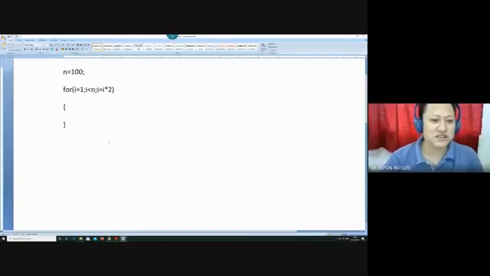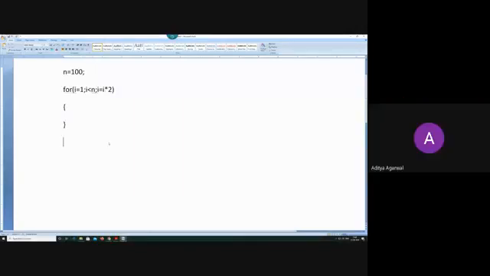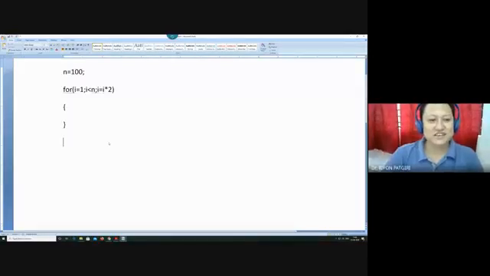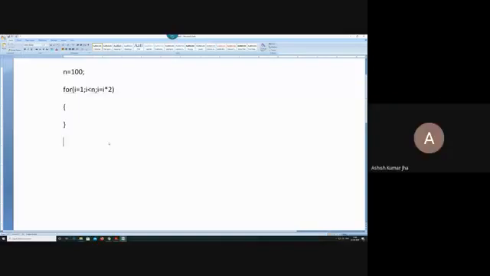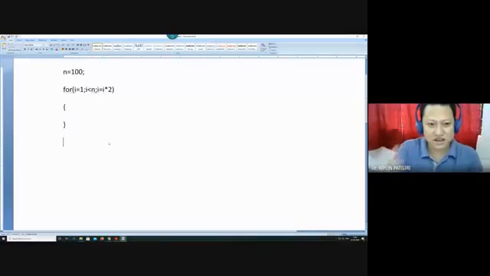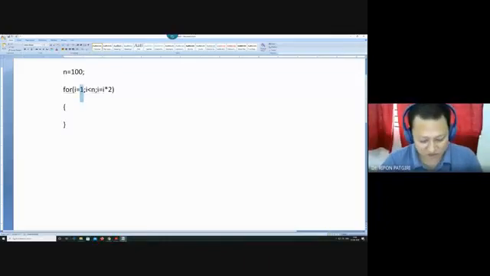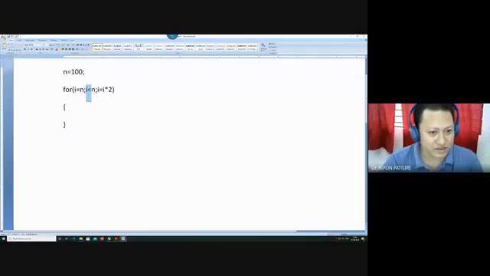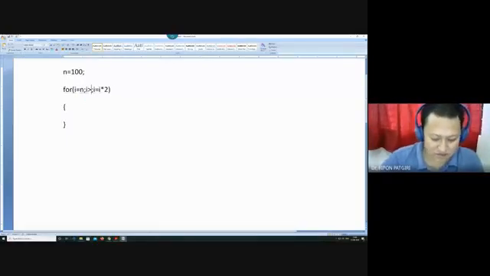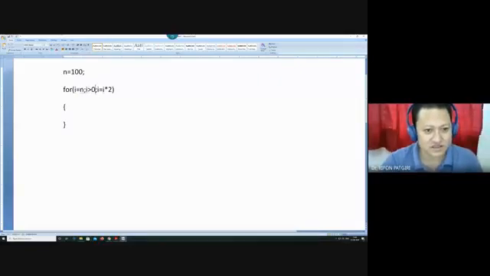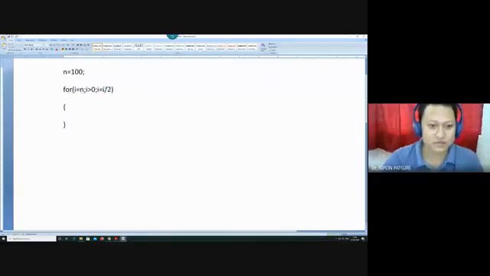What is the time complexity? How many times will it run? Big O of log n. It will run up to Big O of log n because it is first half, second half. Alternatively, we can write i equal to n; if i is greater than 0, then i equals i divided by 2.